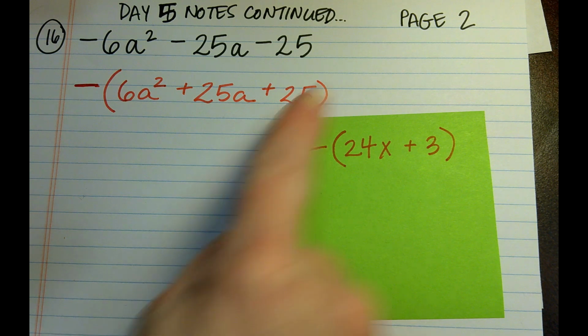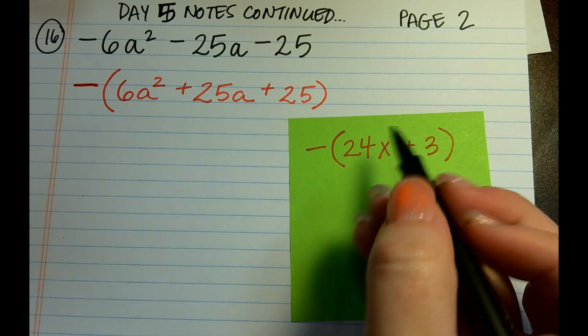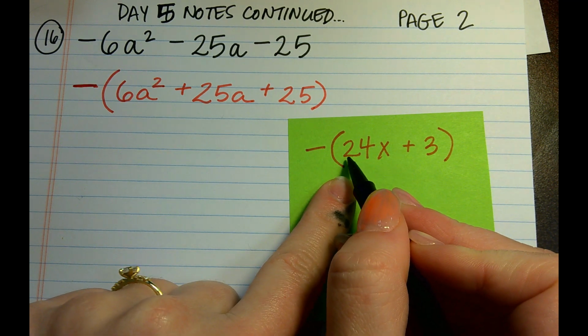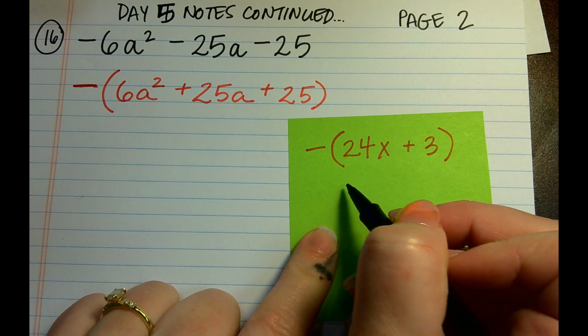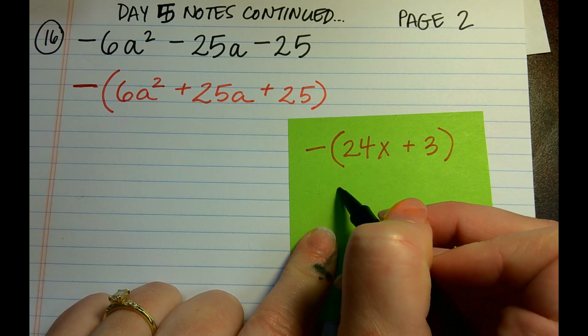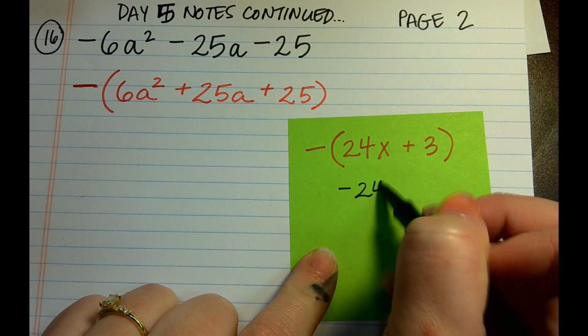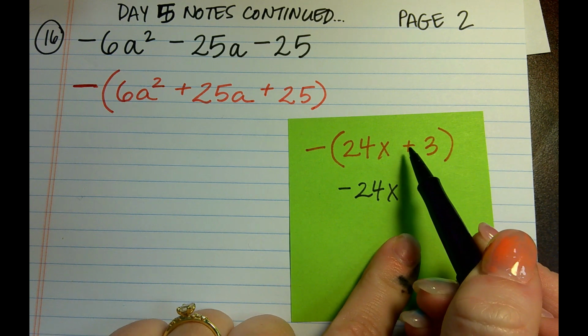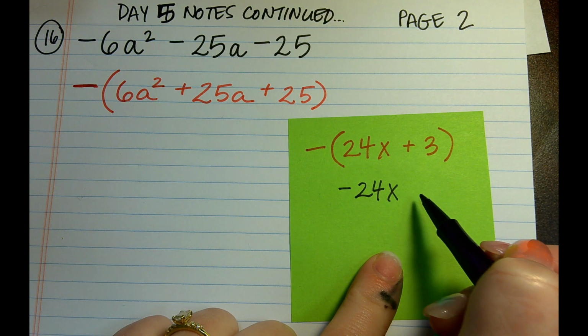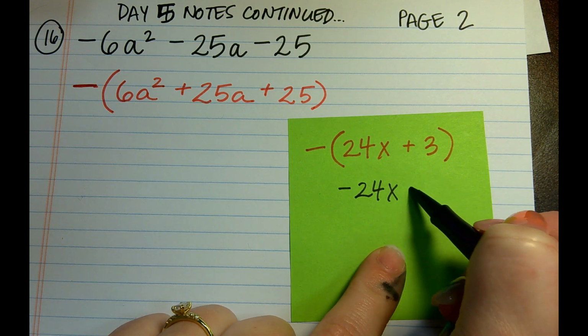Yes, you're basically taking everything times -1. So this positive 24x would become what? Negative 24x. And my plus 3 would become what? Minus 3, yes, or -3.